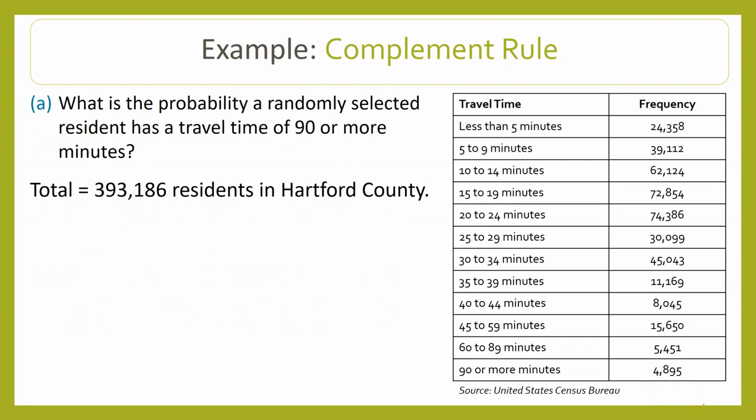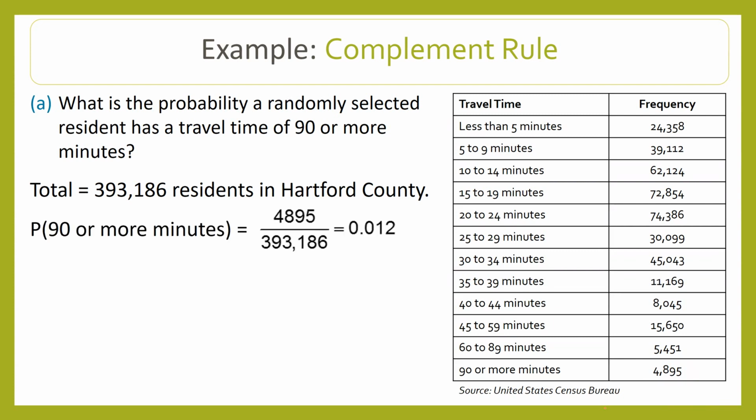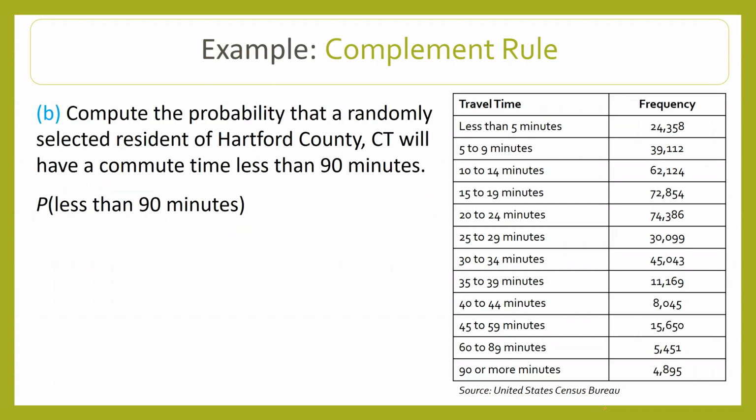Then to find the number of those who travel 90 or more minutes, that is given in the last line on the table. 4895 are the residents that have to travel 90 or more minutes. So the probability for this is given as 4895 over the total, which is 393,186. So the probability is 0.012.